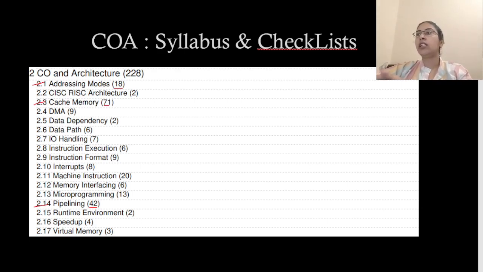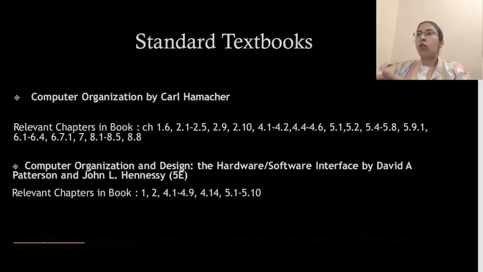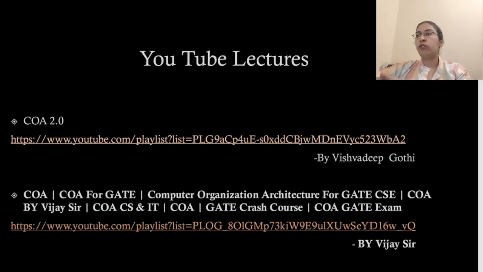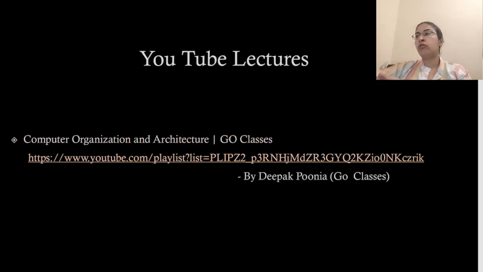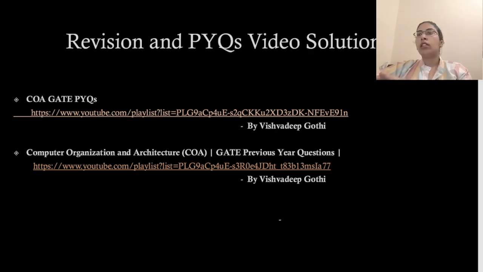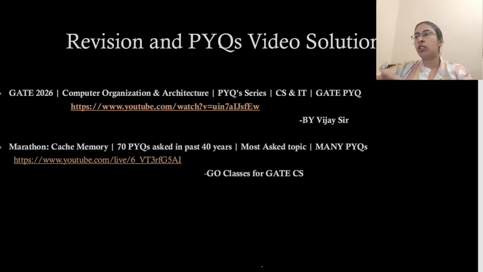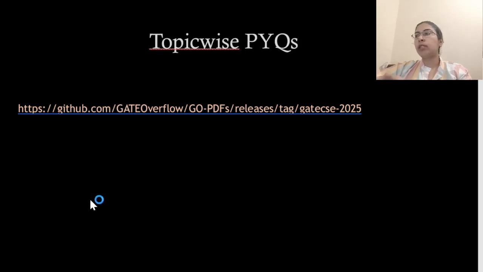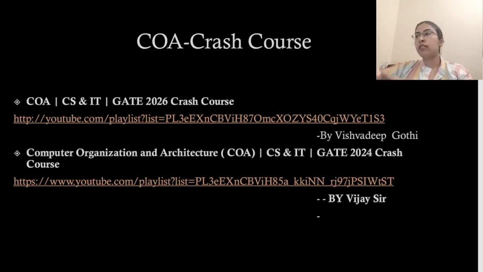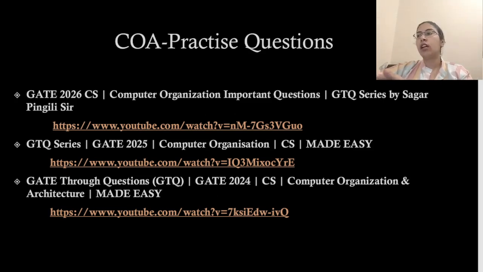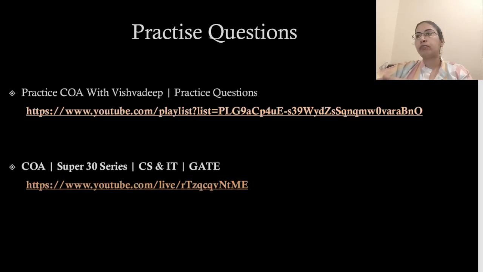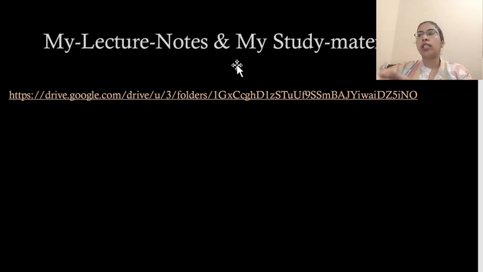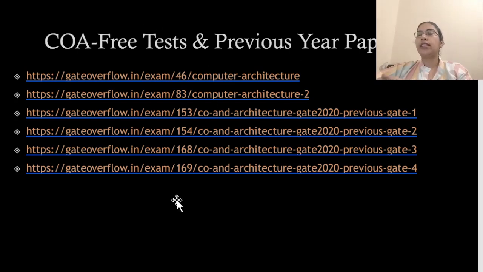So this was all about computer organization and architecture. I have discussed everything in detail, from COA marks distribution to COA syllabus, important topics, all the standard textbooks, the YouTube lectures you should follow for computer organization COA, then revision and PYQ video solution, then all the NPTEL lectures, and then all the topic wise PYQs, then COA crash course links, and then all the COA practice question links, and then all the practice questions, then my lecture notes and my study material, then these free tests and previous year papers.